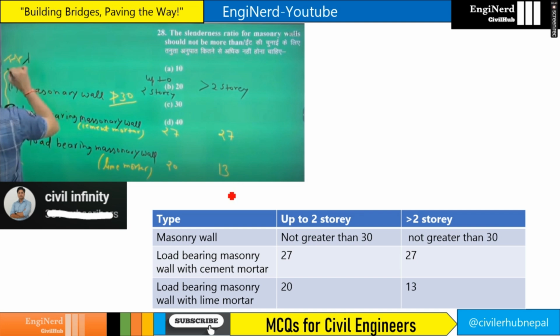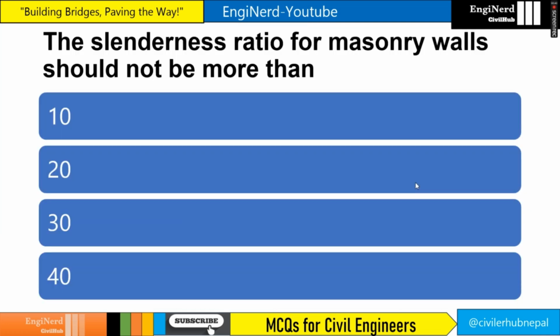a table as follows: masonry wall not greater than 30 for up to 2 storeys, and also for greater than 2 storeys not greater than 30, and similarly it is given. So it is up to you, you decide what you will take.